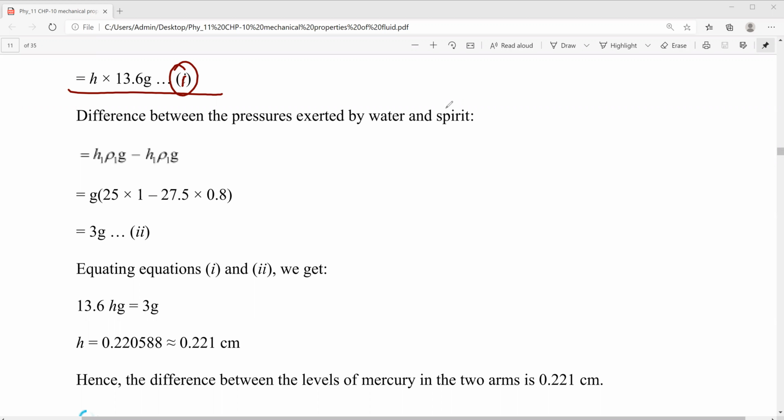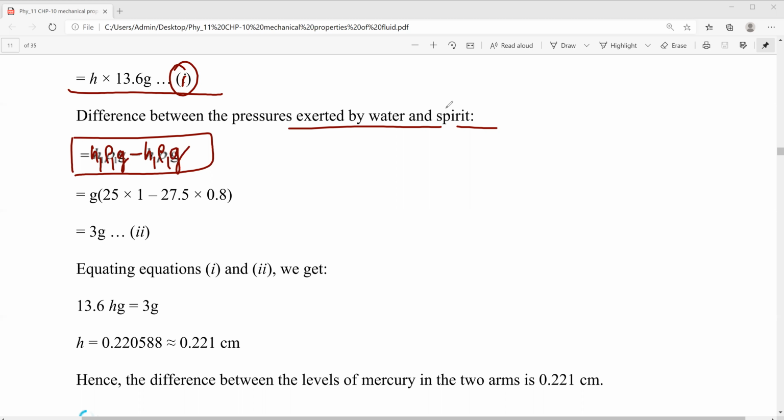And next, difference between pressure exerted by water and spirit is given by the formula H1 rho 1 G minus H2 rho 2 G. So in both, G is the common term and we are taking the difference.